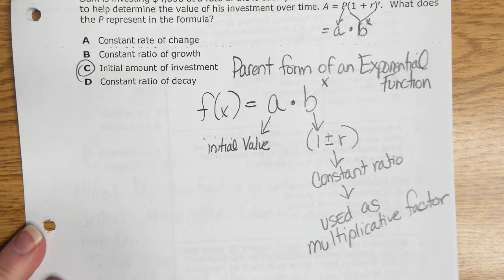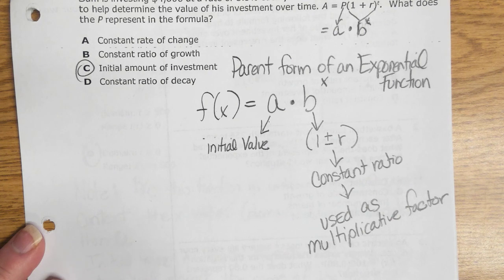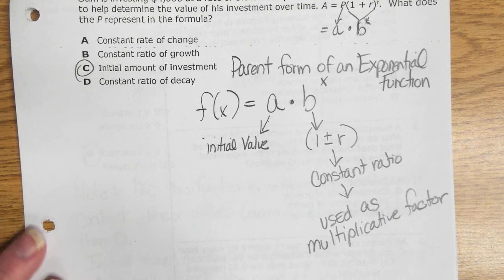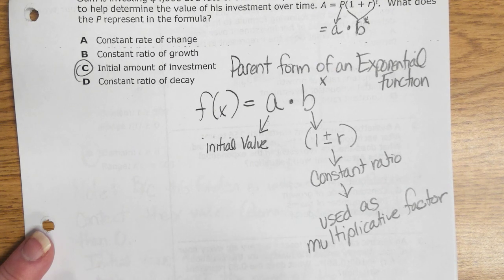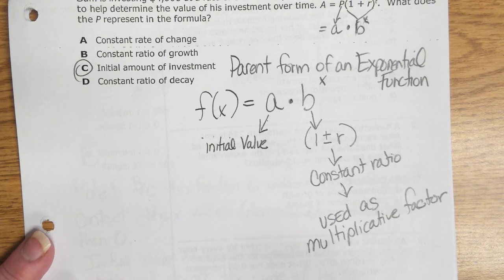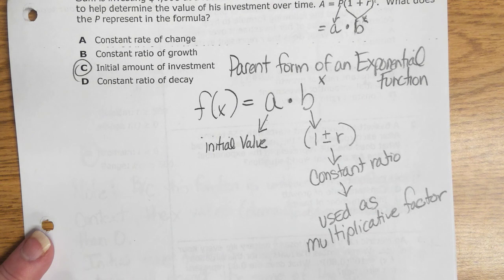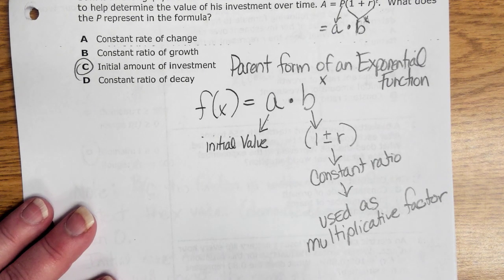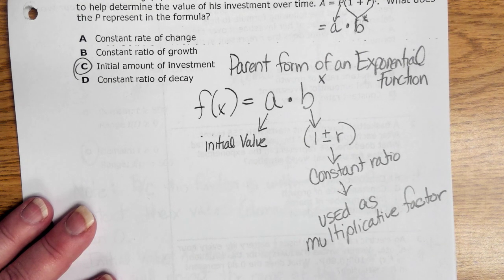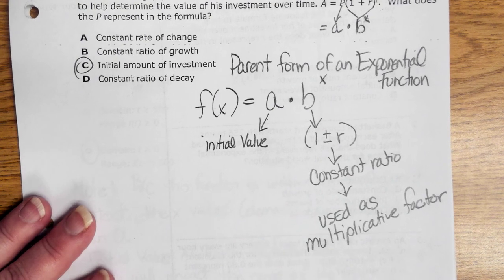Well, the constant ratio represents a multiplicative relationship, an exponential function. In other words, yes, it multiplies upon itself, doesn't it?